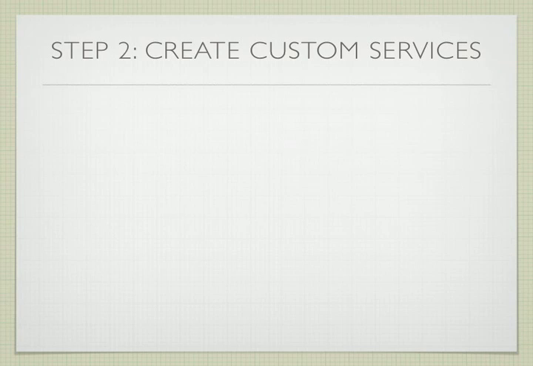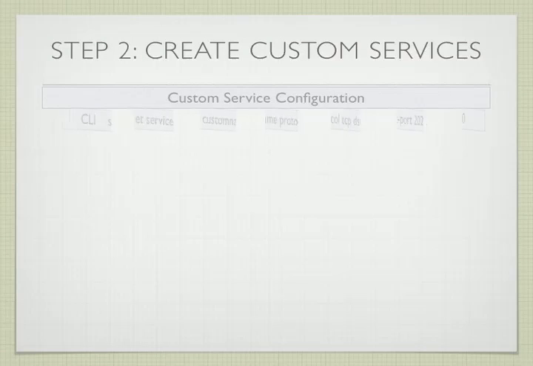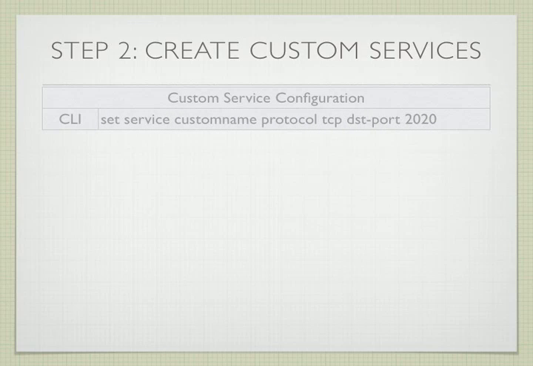So to create those custom services that aren't available, you go to the set command, service, give it its custom name, protocol, TCP or UDP, and the destination port to create the service. By default then it'll assign the entire range to the source port, so any source port going to your custom destination port.